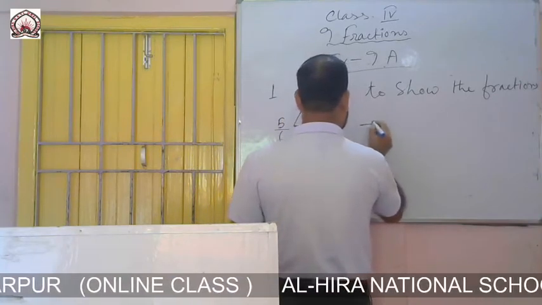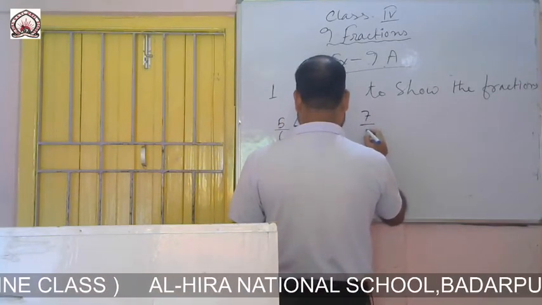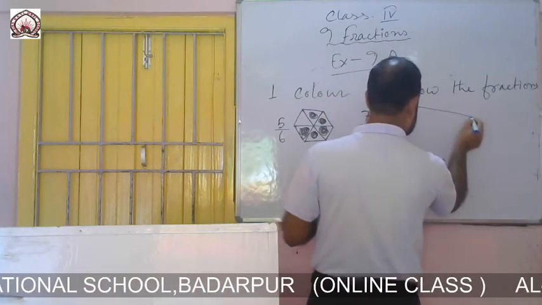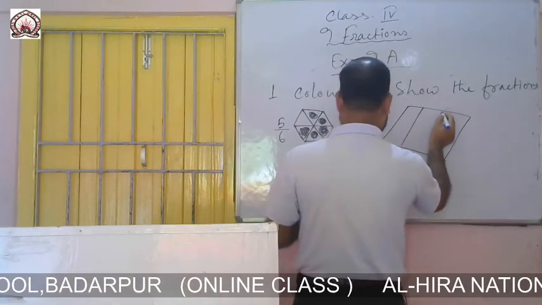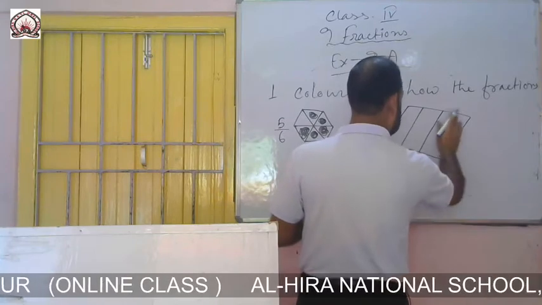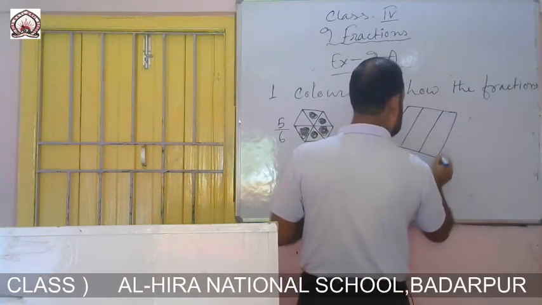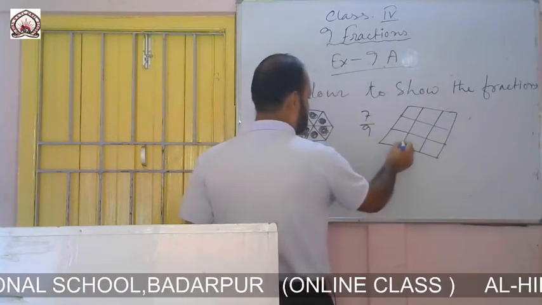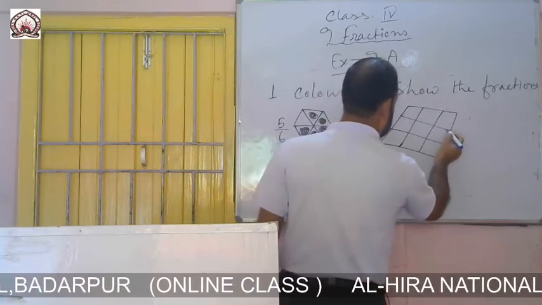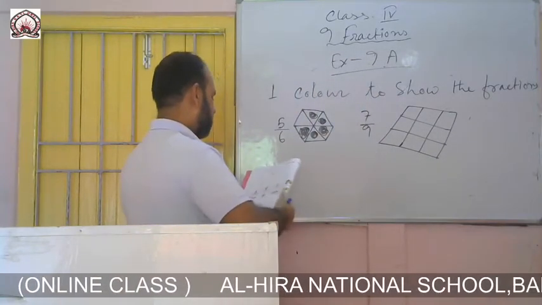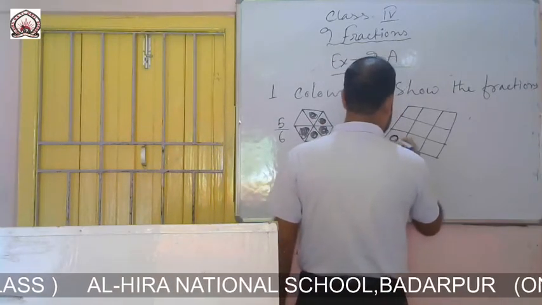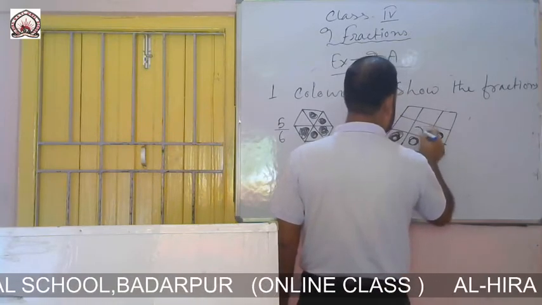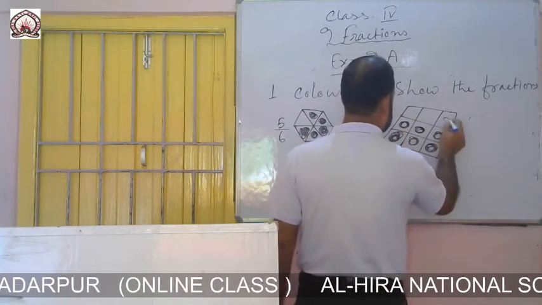Next is 7 by 9. Here 9 parts are there. Out of 9 parts you have to color 7 parts. 1, 2, 3, 4, 5, 6, 7.